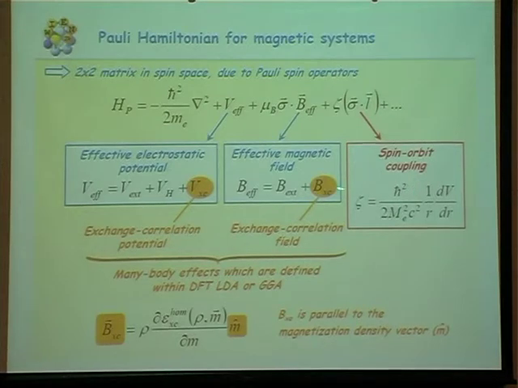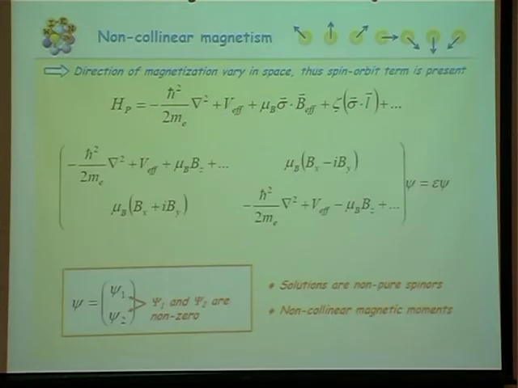And last but not least, we have the spin-orbit coupling term here, where, as I said, it's coupling the spin and the angular momentum, and it is proportional to dV over dr, so it's very important inside the sphere. If I expand this equation, it looks like this.